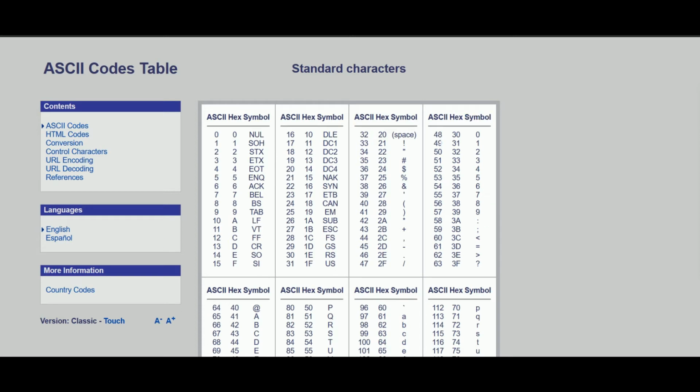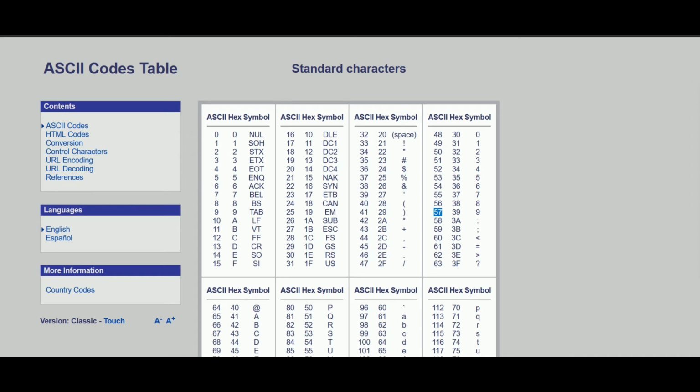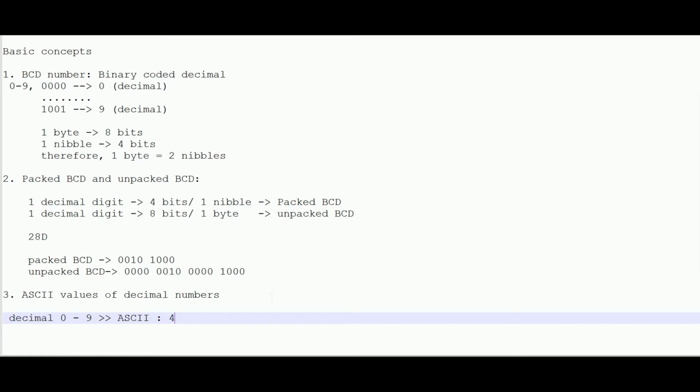These have ASCII values of 48, 49, 50, and so on to 57. Let me tabulate it again: decimal numbers 0 to 9 are represented as ASCII values 48 to 57. Now these are the ASCII values for decimal.